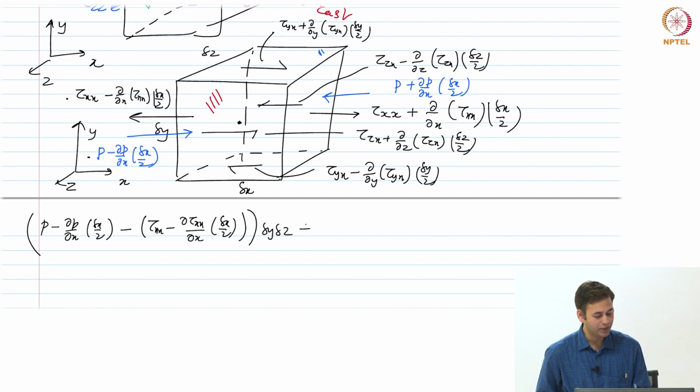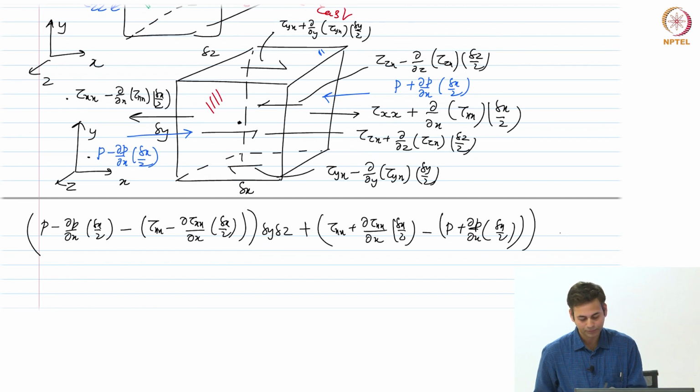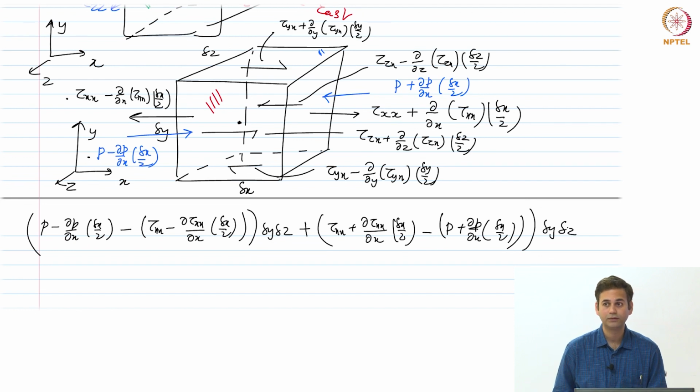On the east face we have plus tau xx plus partial tau xx by partial x delta x by 2, acting in the positive direction. So I have a positive here, minus we have the pressure acting in the negative x direction, that will be P plus partial P partial x delta x by 2. Again this is also multiplied with delta y delta z.